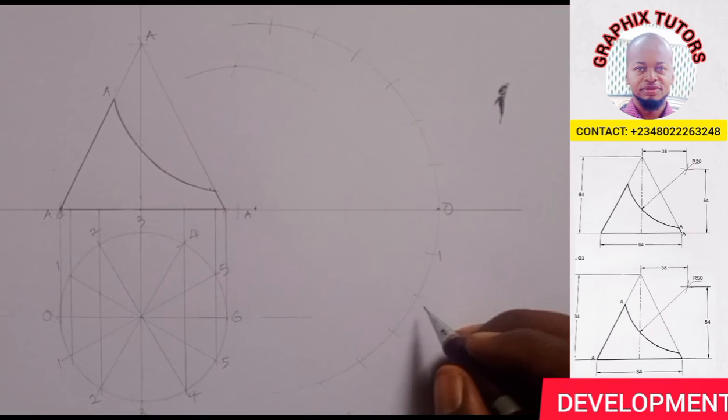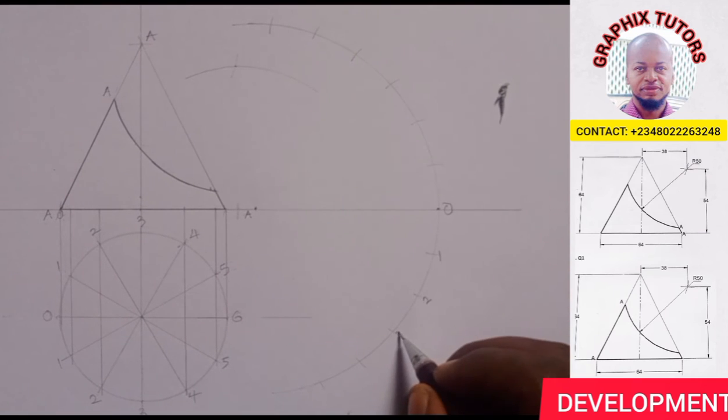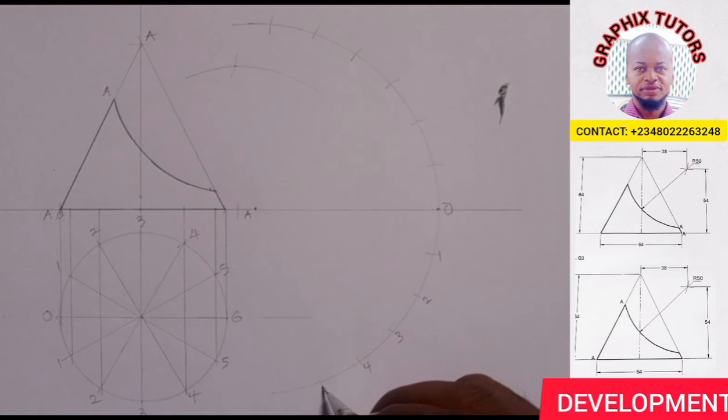So this will now be 0, 1. This will now be 0, 1, 2, 3, 4, 5. Then we have the last point here, 6. So this will be 6.